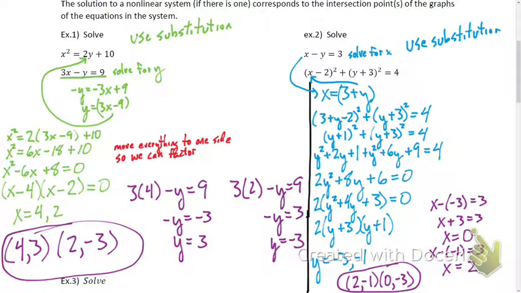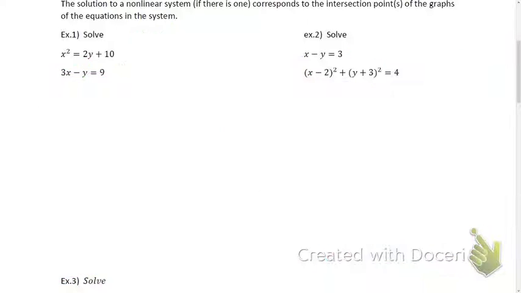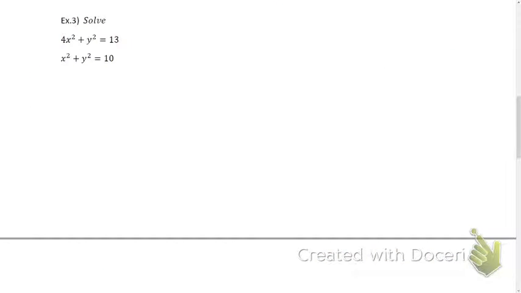All right, let's do one more. And this one, I would use elimination. And that's because we have like terms and the variables are lined up perfectly. One catch, if I combine the two, nothing cancels out.